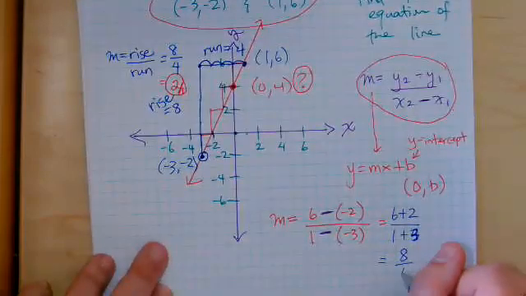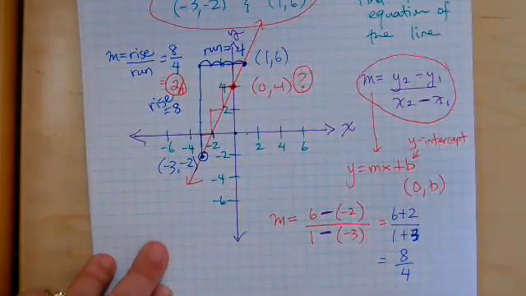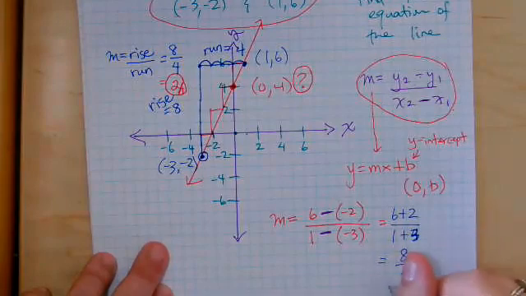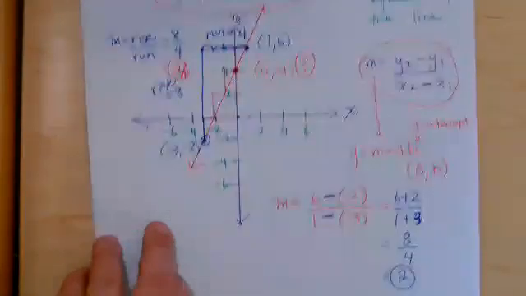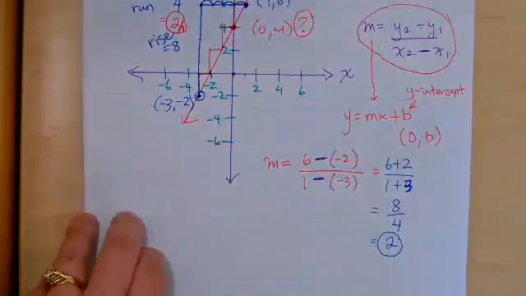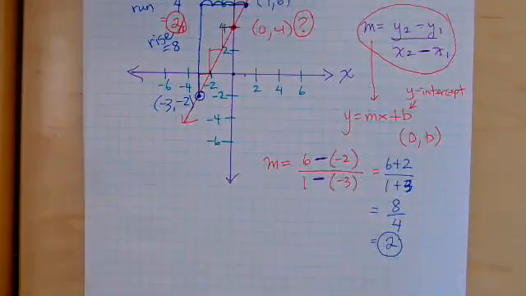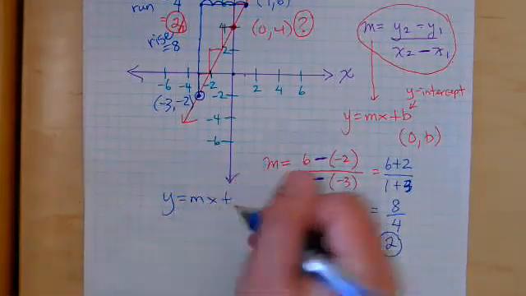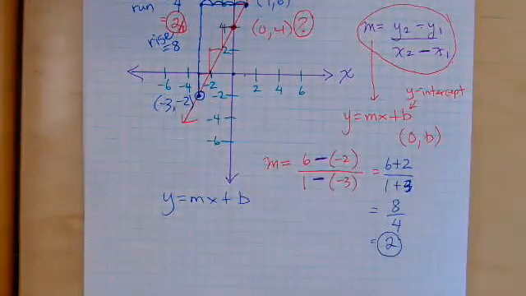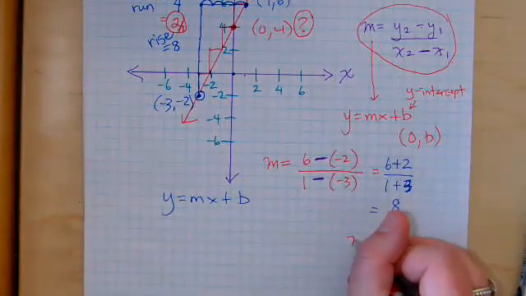So here you have 8 over 4. Same thing we got when we counted the rise and the run, right? 8 over 4 is 2. So that right there is our slope, friends. The slope is 2.